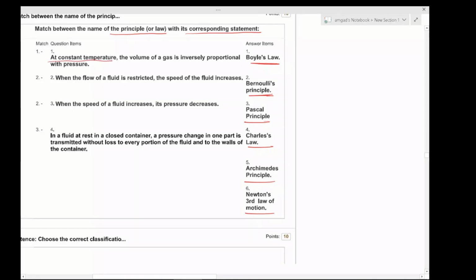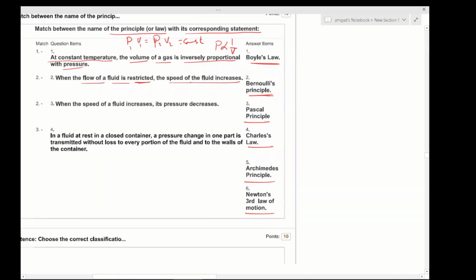At a constant temperature, the volume of the gas is inversely proportional to the pressure. Boyle: P1 V1 equals P2 V2 equals a constant. So the P is inversely proportional to the volume. That's Boyle's law.